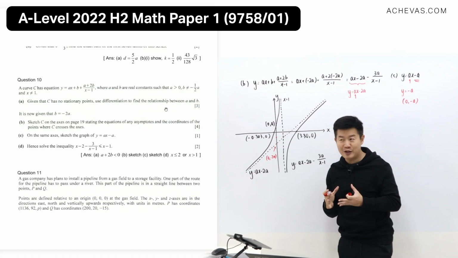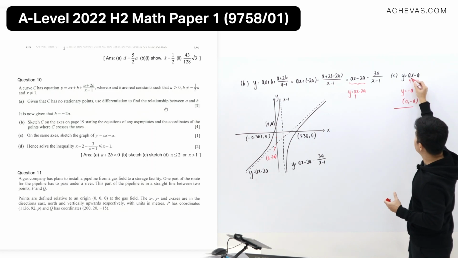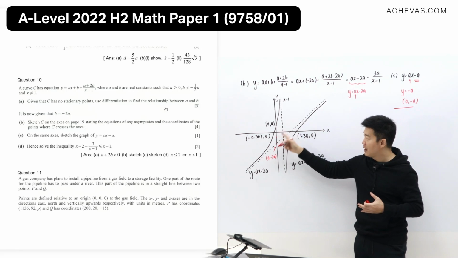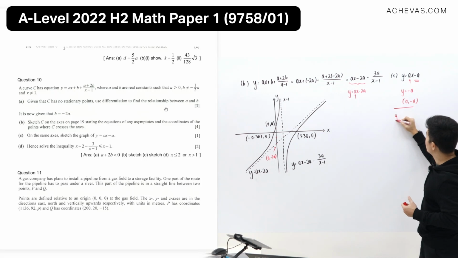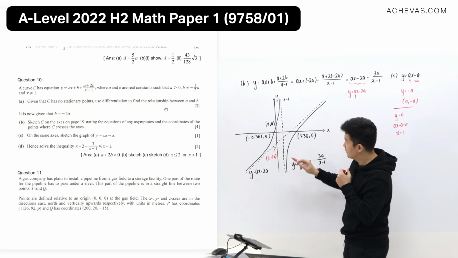And the one that I've erased just now, which I now realize I do need, is to let y be equal to 0, because I want to find out how it is going to be cutting the x-axis. So if I let y be equal to 0, we will have ax minus a equal to 0, so x is equal to 1, which is actually this point over here.